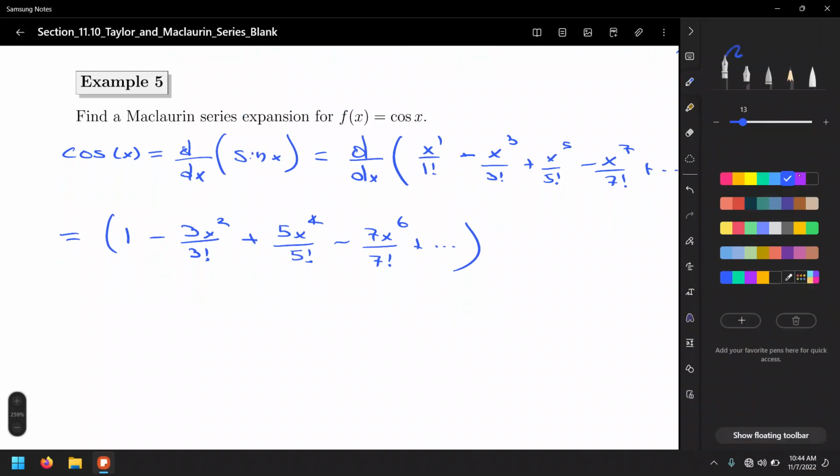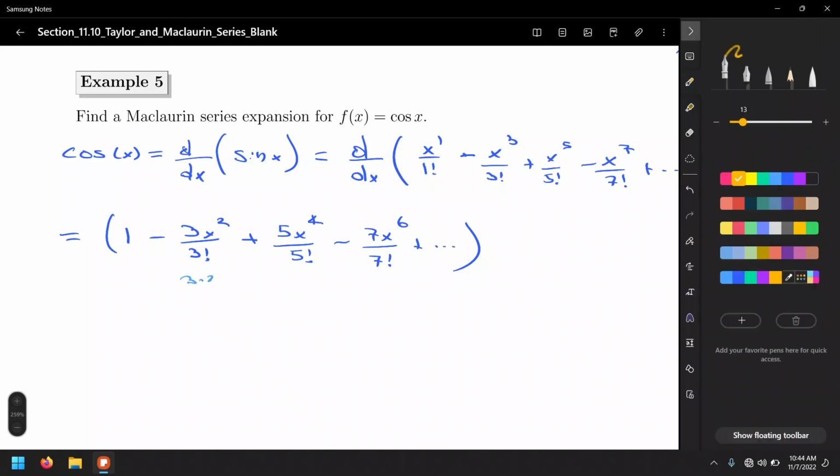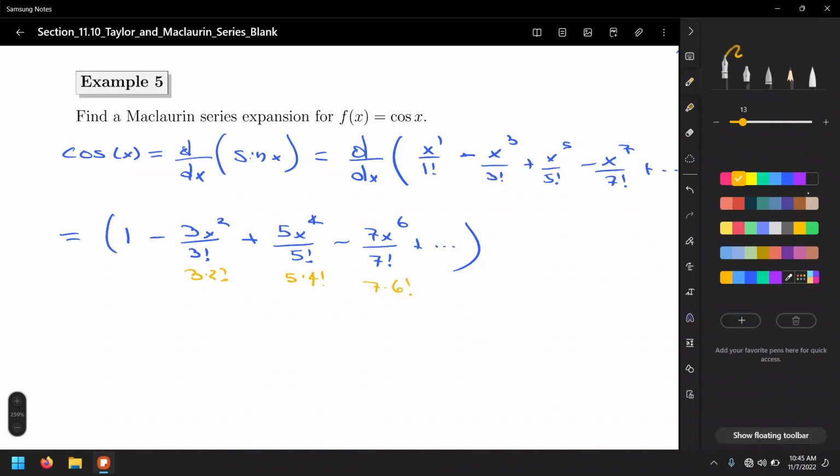Well, we know that 3 factorial is the same as saying 3 times 2 factorial. 5 times 4 factorial. 7 times 6 factorial. Well, in this case, we can divide out this 3 with that 3, and this 5 with that 5, this 7 with that 7, and just cross out these factorials.